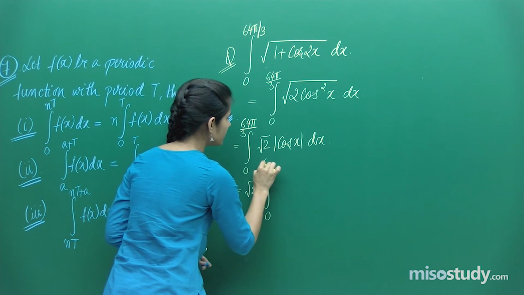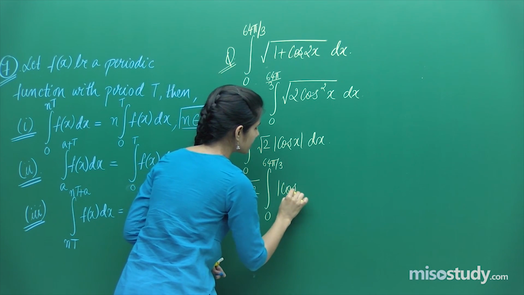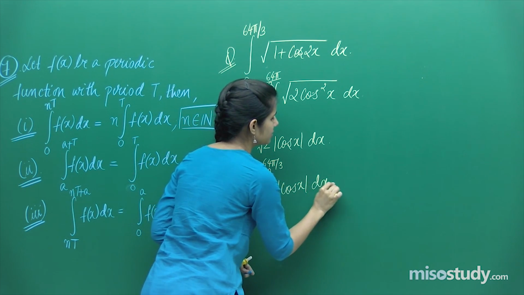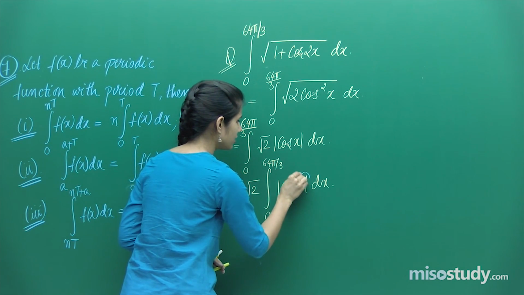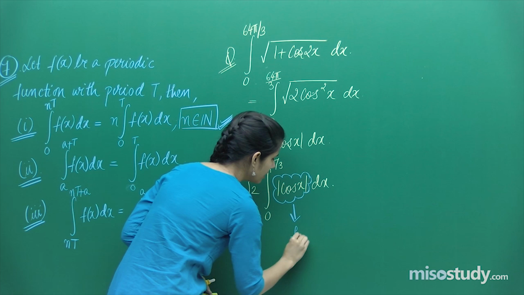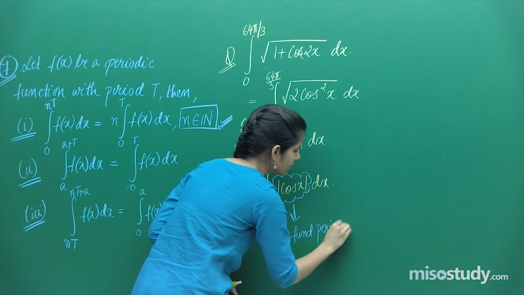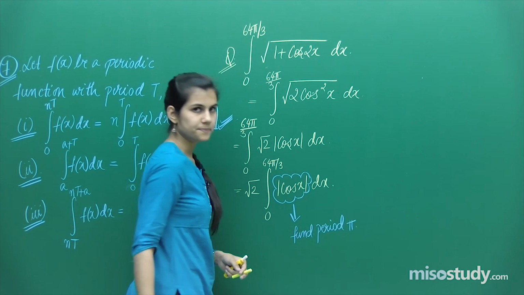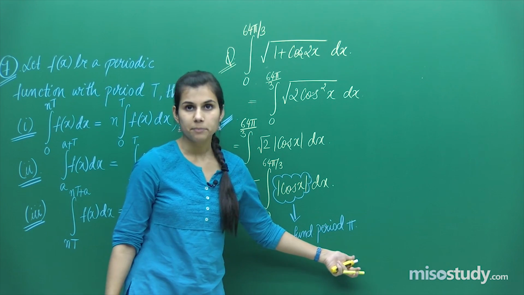I will be left with the integral 0 to 64 pi by 3 mod cos x dx. Talking just about mod cos x, this function is periodic with fundamental period pi. The integrand is periodic with fundamental period pi.